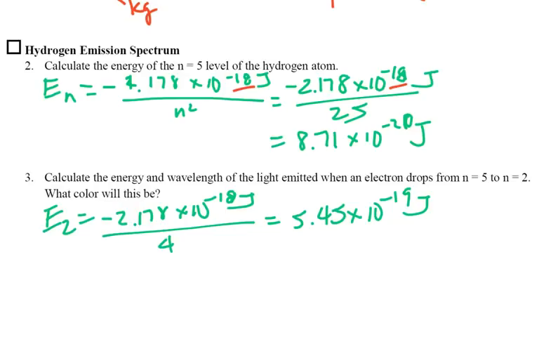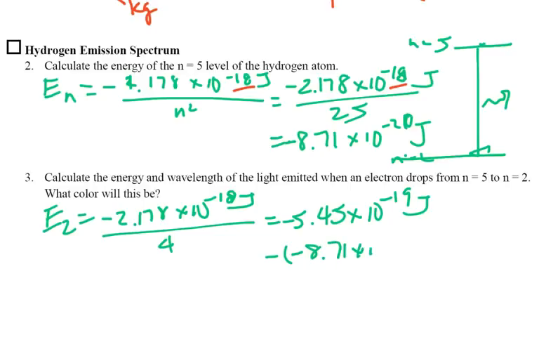So calculate the energy of light emitted when the electron drops from level n equals 5 down to level 2. When an electron drops down, it gives off energy. We always do this as final minus initial. So I'm going to take my value from level 2, negative 5.45 times 10 to the minus 19 joules, minus the negative 8.71 times 10 to the minus 20 joules.